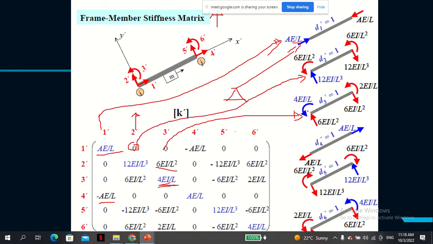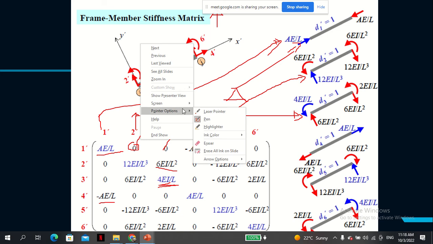Now you remember that for a fixed end moment, if you induce 4EI at one end, it will induce half the moment on the free end. You can see that. So that's how we solve these values. In other words, these stiffness matrices are derived one degree of freedom at a time.